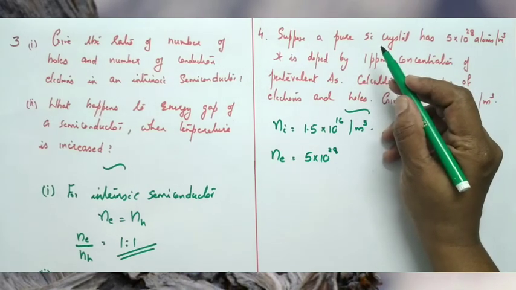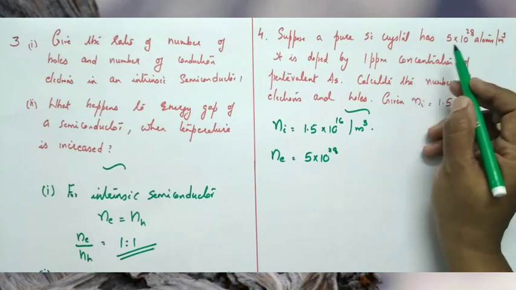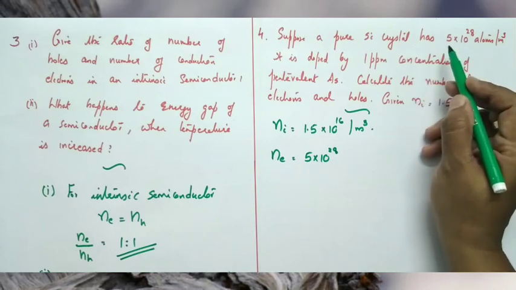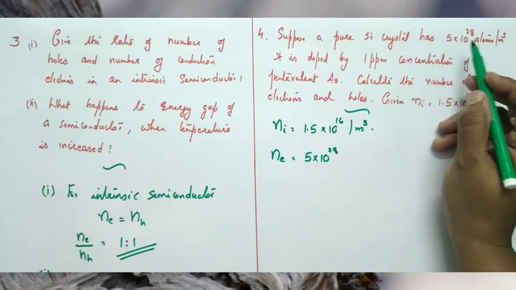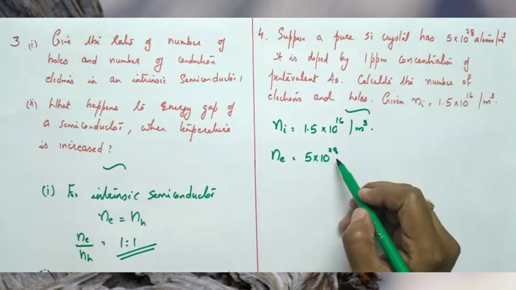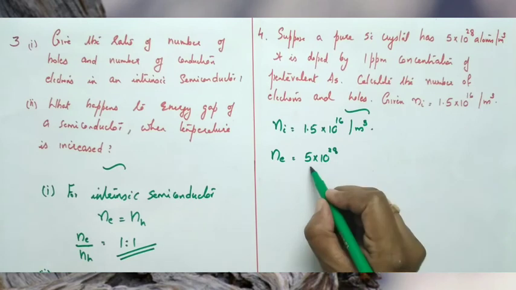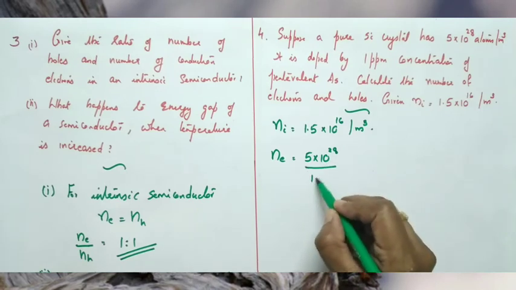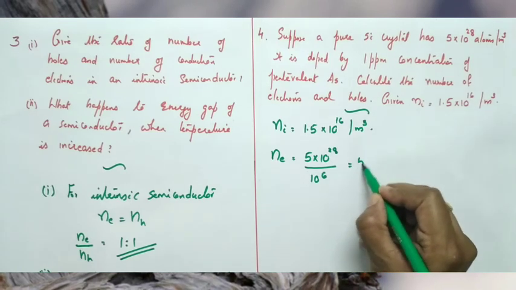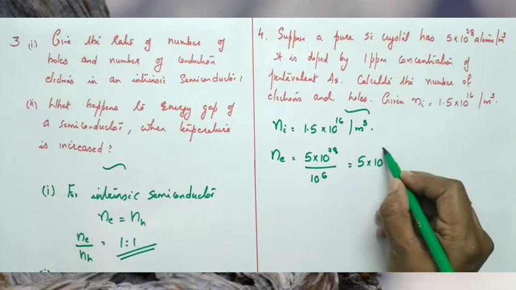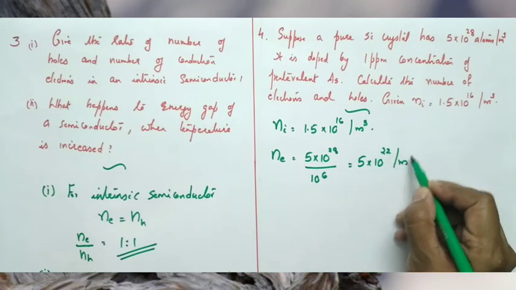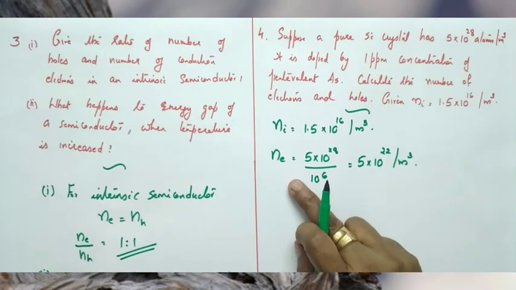Parts per million means this one divided by million. Million means 10^6, isn't it? So, 5 × 10^28 per million means divided by 10^6. So, that is 5 × 10^22 per meter cube. Okay, this is number of electrons.